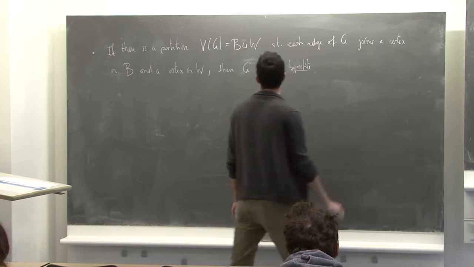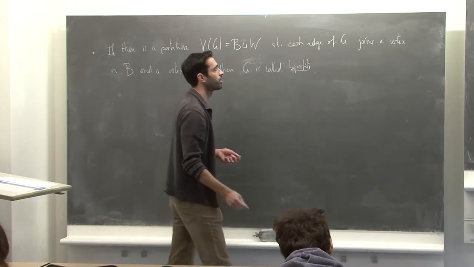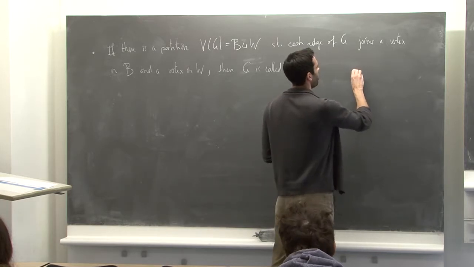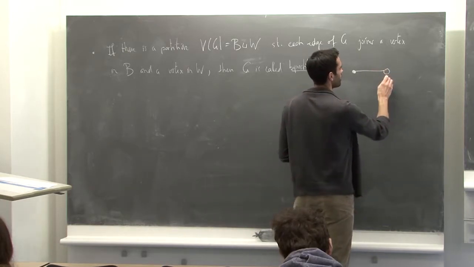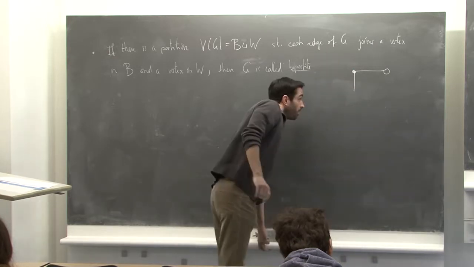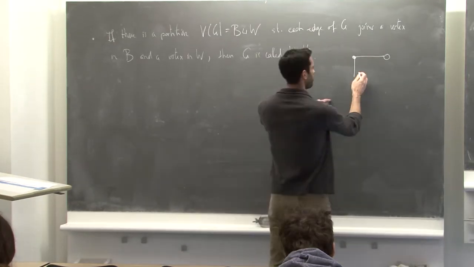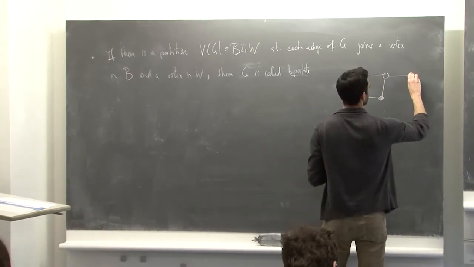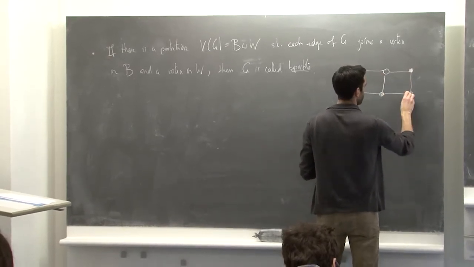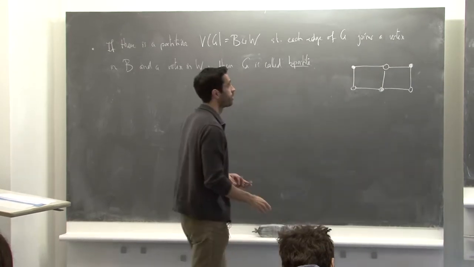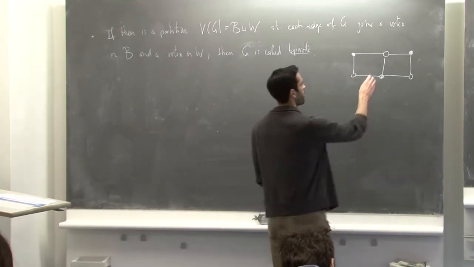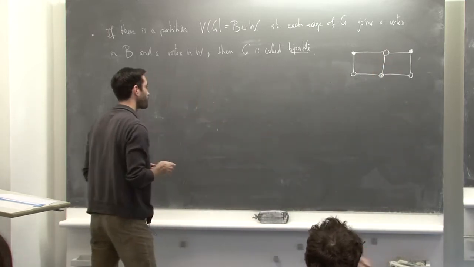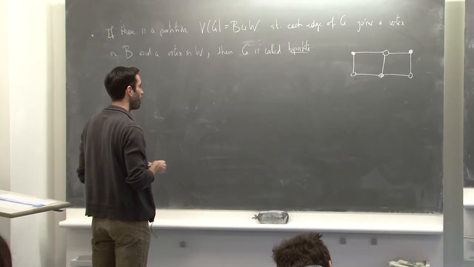Okay, so B and W stand for black and white, which of course is a great mistake to do when you write on the blackboard, because now I will never know what is white on my sheet of paper is going to be black on the board. But anyway, let's take, for example, a part of a square lattice. That's a bipartite graph. We have a bipartition into black and white.